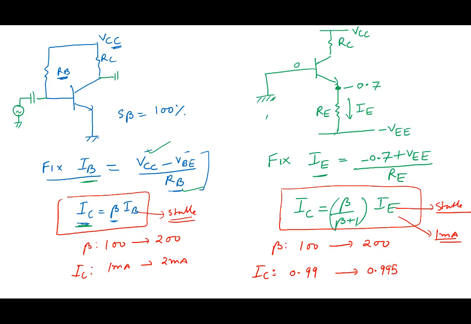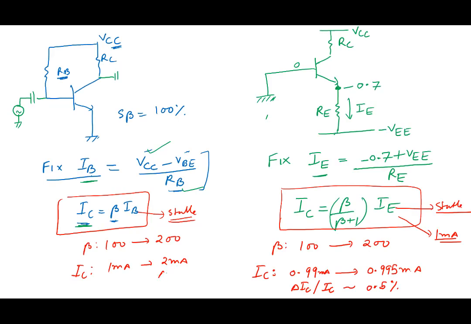That's all the change that you will get, in milliamperes. What is the percentage change? Delta IC by IC is how much here? 0.5%. Delta IC by IC in the other case, as we said, is 100%.